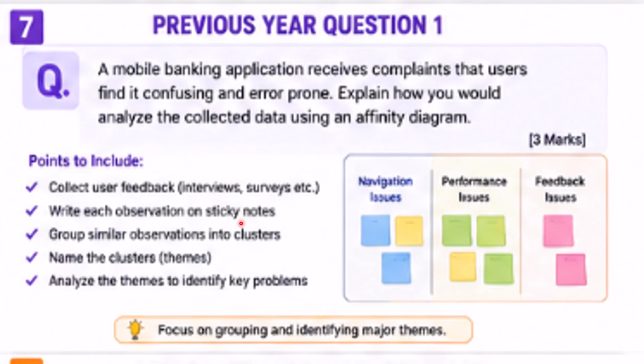Write each observation on separate sticky notes. Group similar observations together into clusters, such as navigation issues, performance issues, and feedback issues. Finally, analyze the clusters and name them. This structured approach helps uncover root causes of user problems. So focus on grouping and identifying major themes. Like this you have to write.